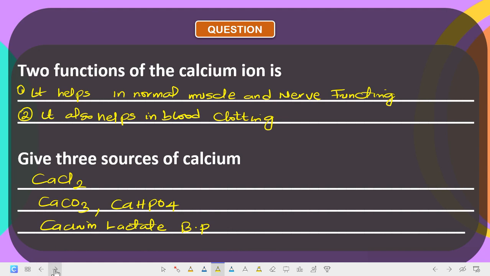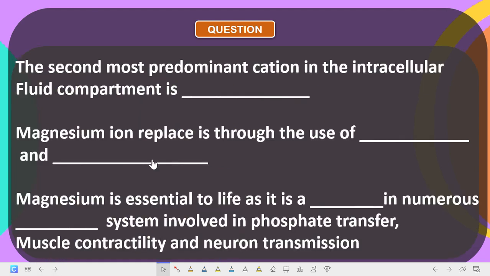Okay? Now, the second most predominant cation in the intracellular fluid compartment is magnesium ion. That is the second most predominant, or you can say magnesium 2+ ion.